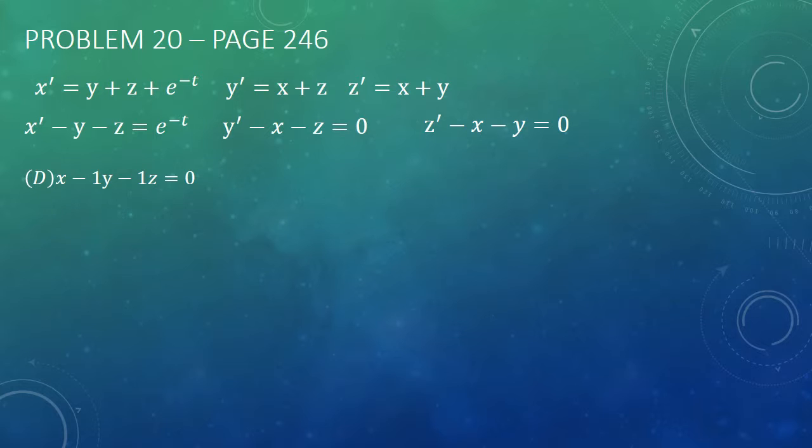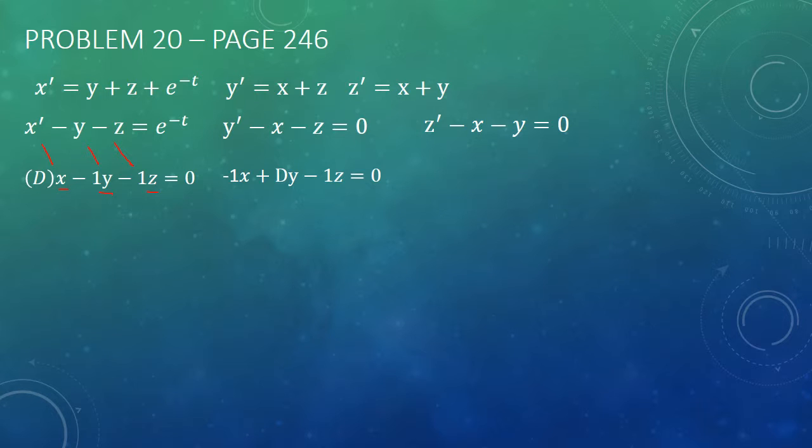So let's look at our operators. Well, I have an operator of d on my x. There's really only a -1 times my y and a -1 times my z. So that's these answers right here. Then I'm going to reorder these equations so the first variable is always x, the second variable is y, and the third variable is z.